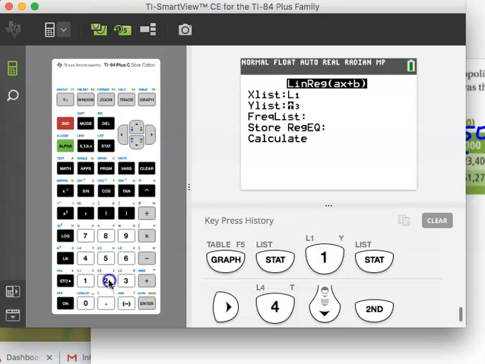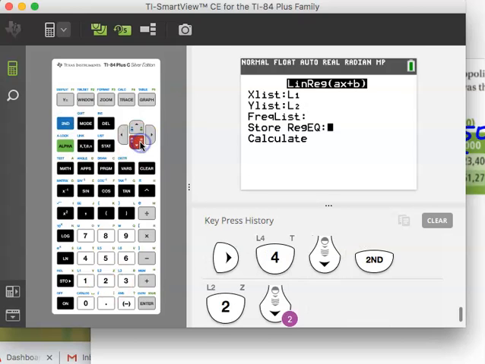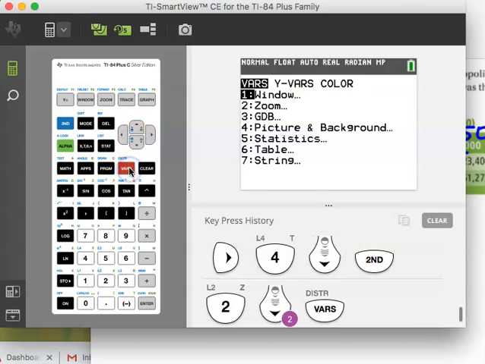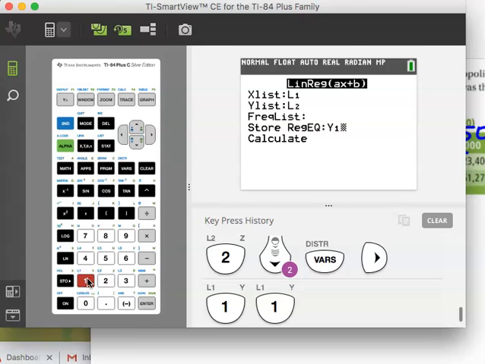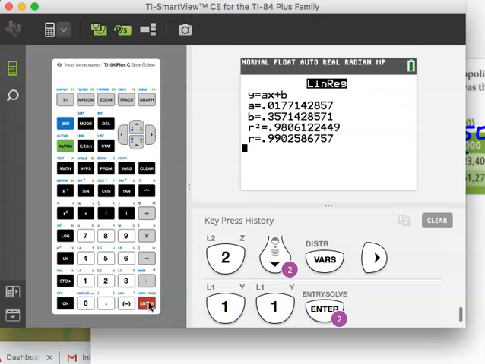So stats, calculate, arrow once to the right, number 4, and I want list 1 and list 2. So second, list 2, and I want to store that, variables, y variables, arrow to the right once, number 1, and I'm going to override that other data that we had since we're not using it for this one. So y sub 1, enter. Now all that's stored and waiting for me. Now I have to do it again.